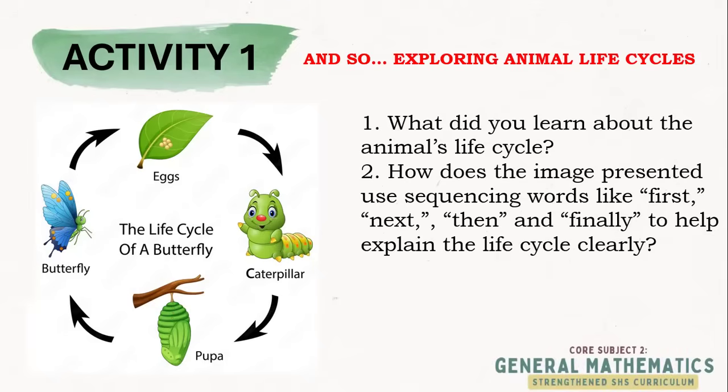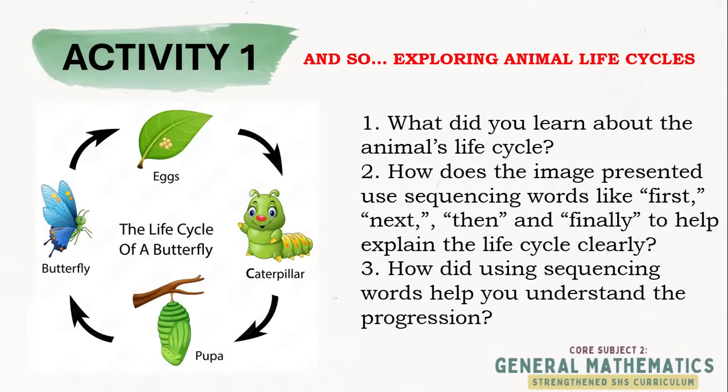For example, first, the butterfly lays eggs. Next, the egg hatches into a caterpillar. Then, the caterpillar becomes a pupa. And finally, it turns into a wonderful butterfly. These words make the steps easier to follow and understand.